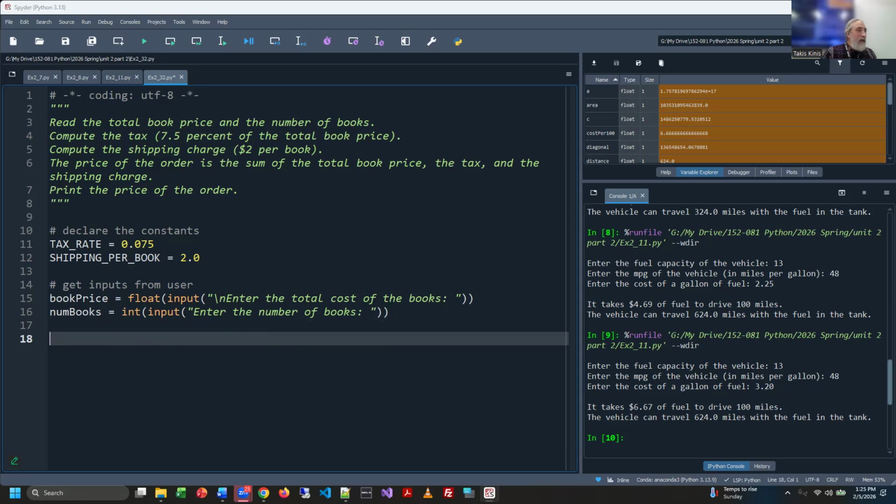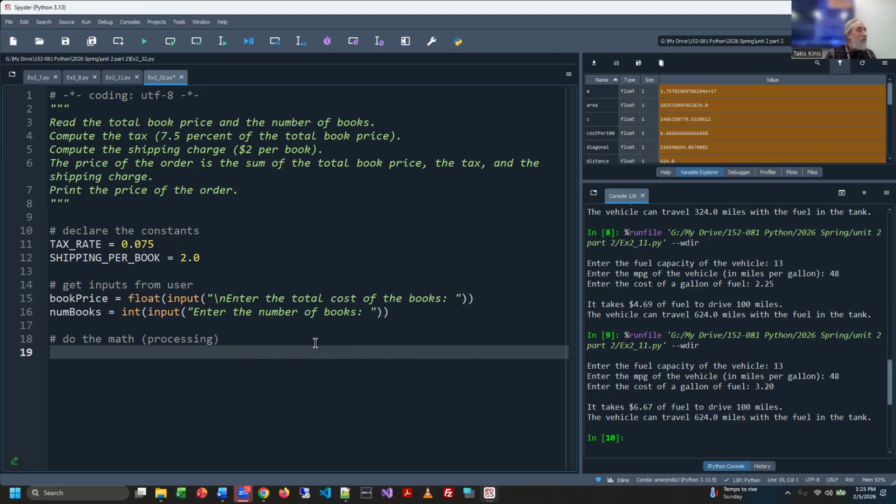Right. Now we're going to do our mathematical processing. So we did our inputs. Here's our processing. What are the things we have to calculate? Well, it tells us compute the tax, right? Well, all right. I want you to notice up above where we capture the book price. We're not asking how much did each book cost.